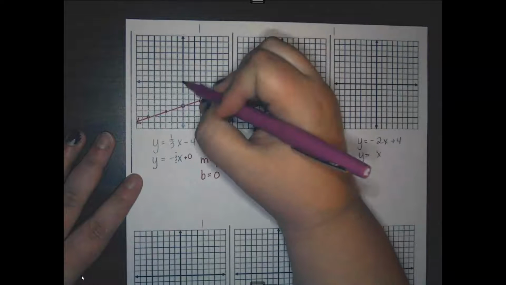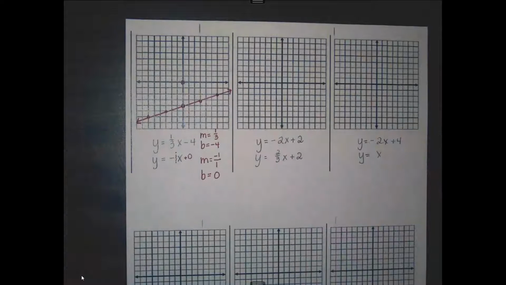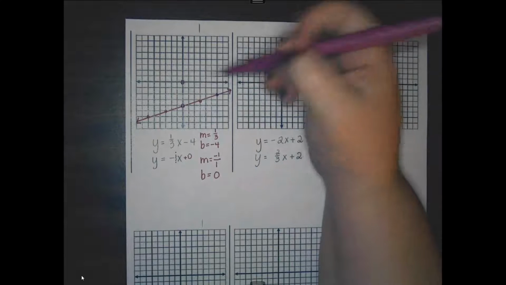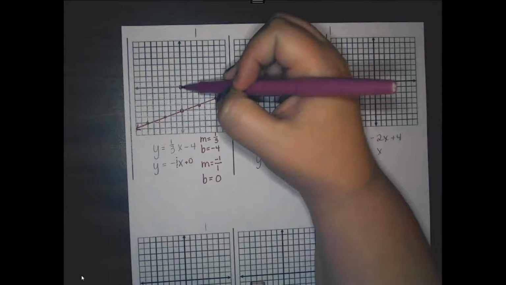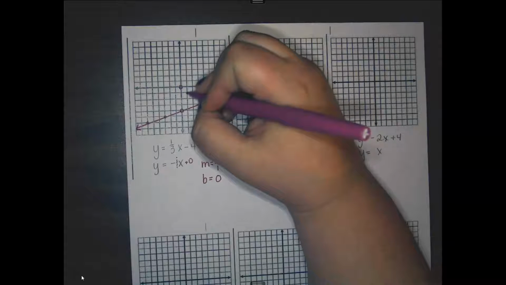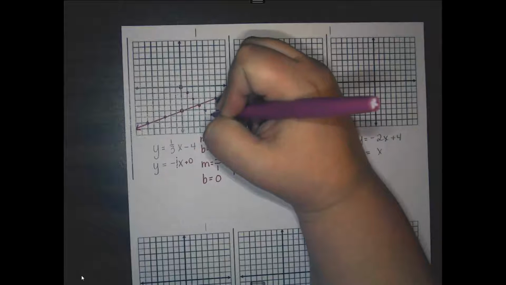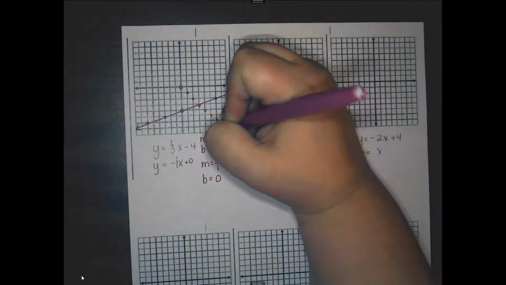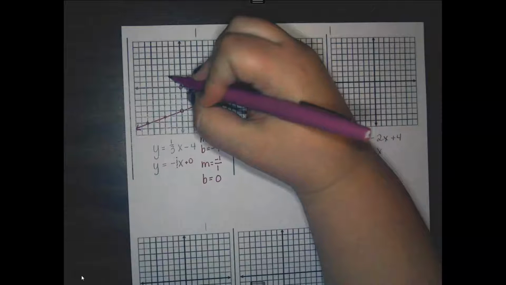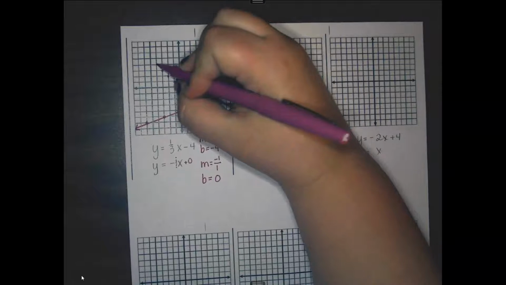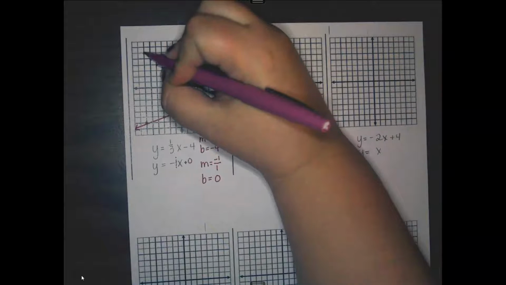I'm going to start at my 0, and my movement for my slope, you're going to have to tell me that on tomorrow's homework. Your movement is either up, down, left, or right. So I'm going to go down 1 and to the right 1, and continue that pattern all the way through. This one gives me a lot of dots, which is good. That means my line is really pretty accurate.